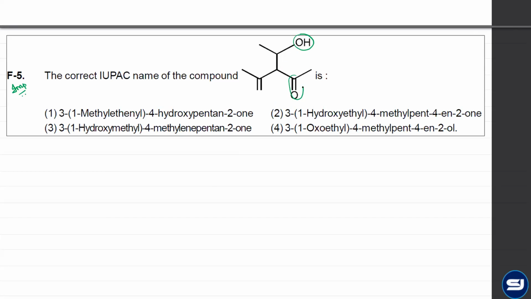Hydroxy, ketone, alkene. Next, priority. And the priority goes to ketone. Then third, longest chain कितने कार्बन का?